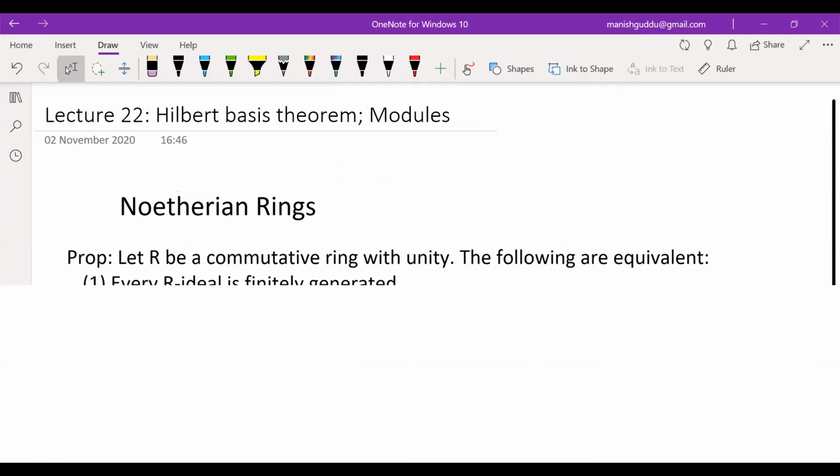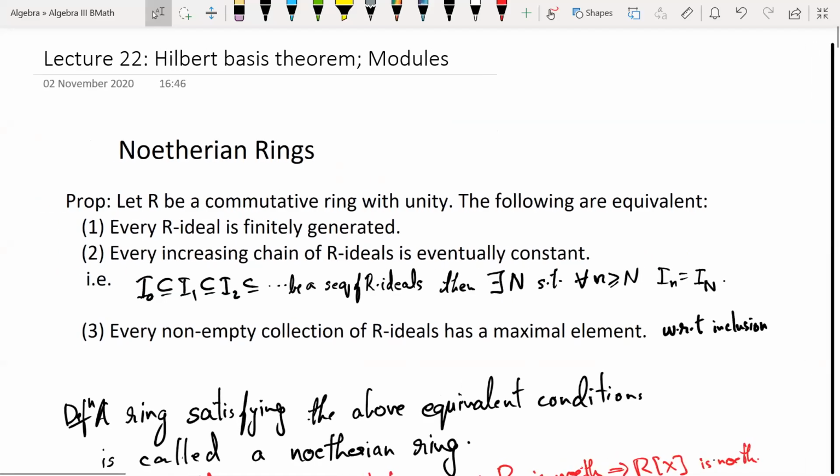Okay, so let me begin this lecture now. Last time we talked about Noetherian rings. So maybe this is a recall.